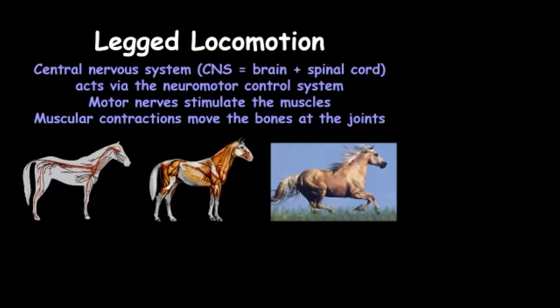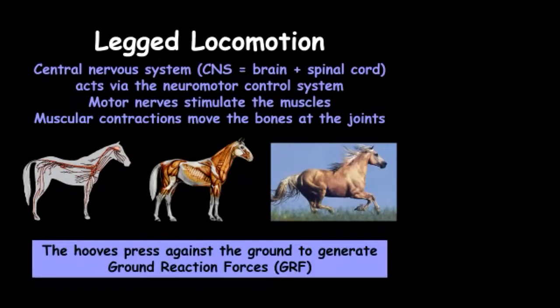And the motor nerves stimulate the muscles. The muscular contractions are going to move the bones at the joints. And then, as a result of that, the hooves are going to press against the ground, and that's how the horse generates ground reaction forces.